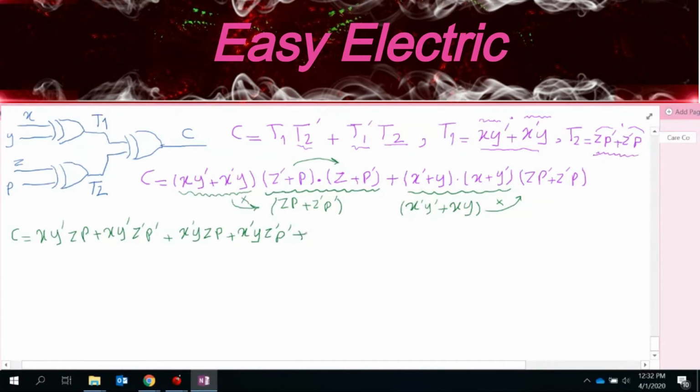Distribute this inside this. So the first one should be x prime y prime zp prime, plus again x prime y prime, the next term, which is z prime p. Okay, plus distribute the next one, which is this. So it should be xyzp prime plus again xyz prime p.